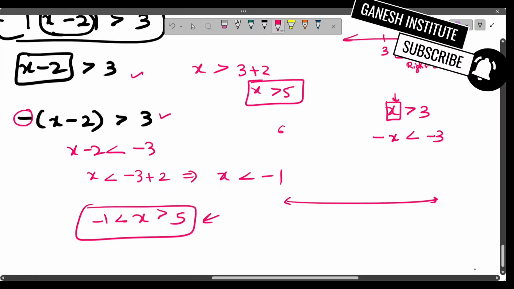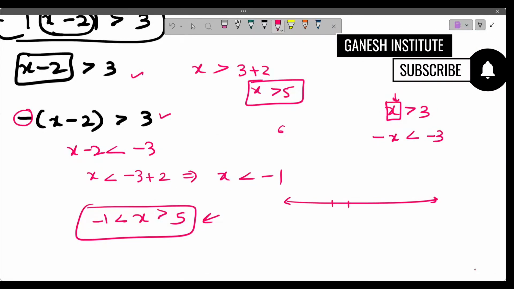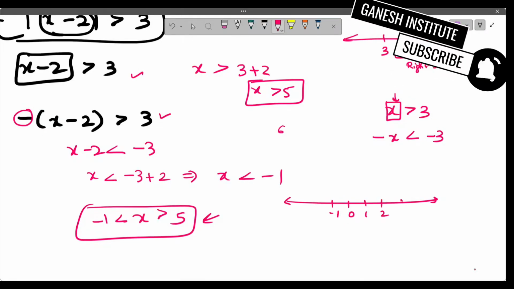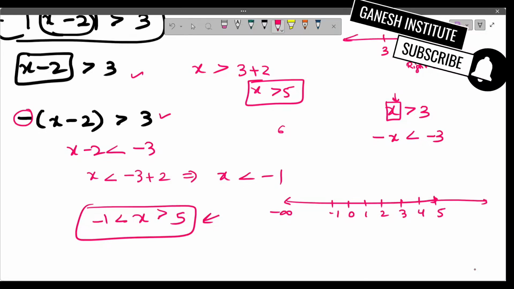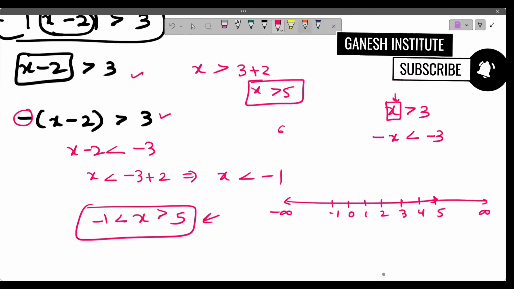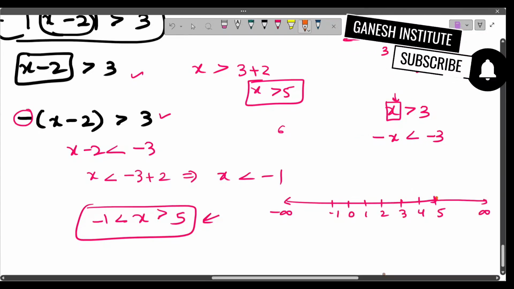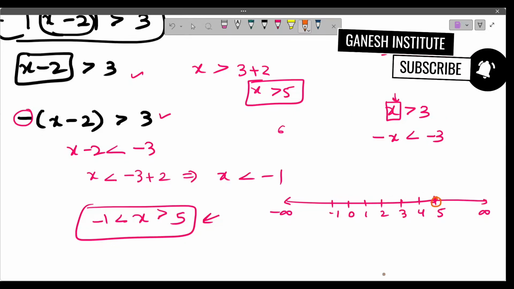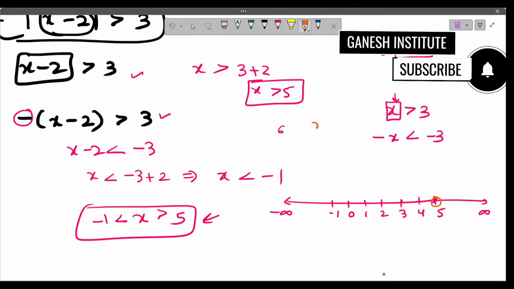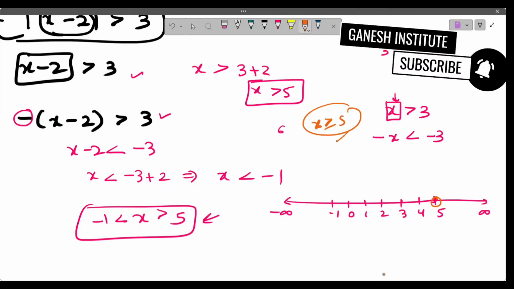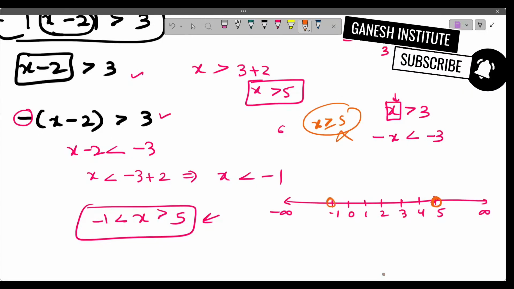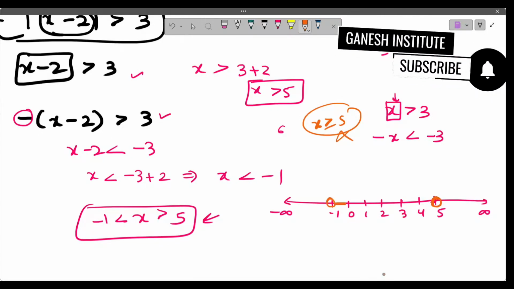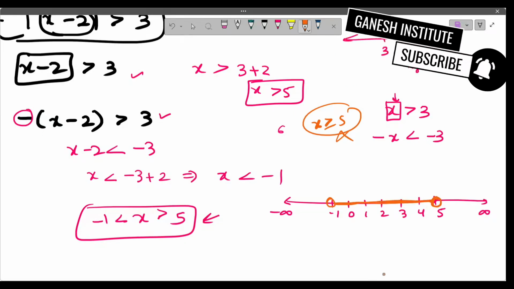How will I draw it on the number line? This is minus infinity, this is plus infinity. Because none of them has an equality sign, I'm having a hollow circle here and here as well. And then I'll shade the line.